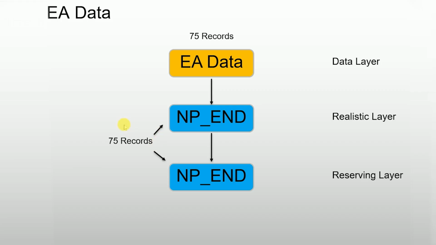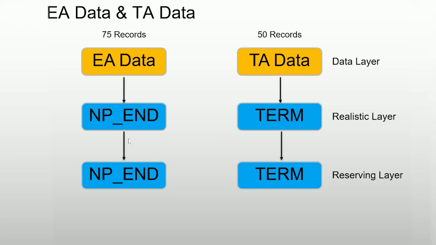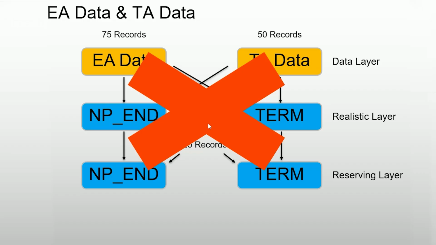Now we have a couple of programs and data sources. If we unsuppress the endowment data, this is what will happen. 125 records will pass through both sets of programs, which is incorrect.